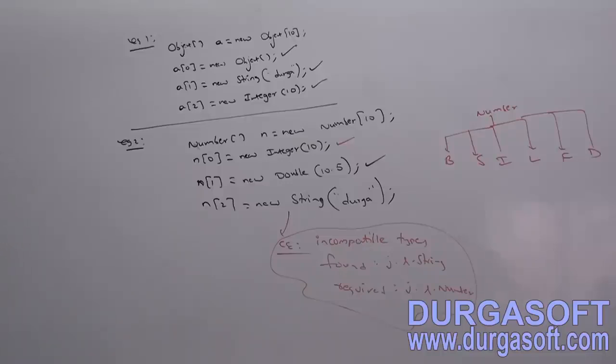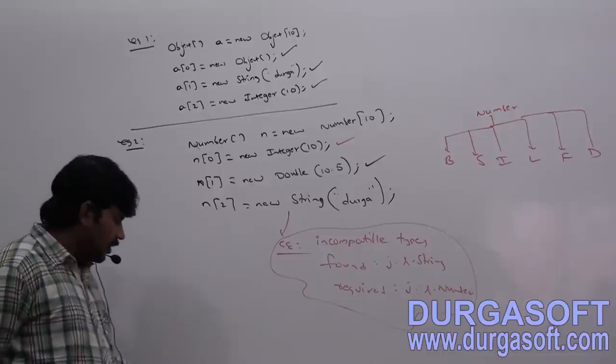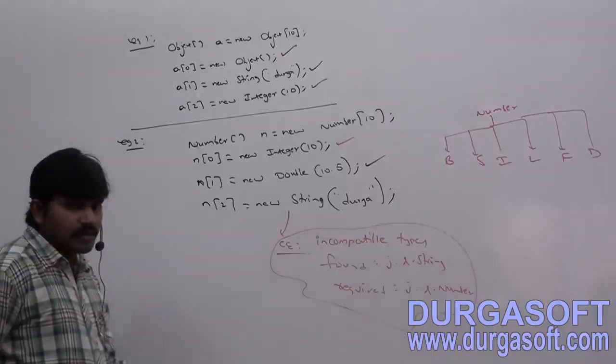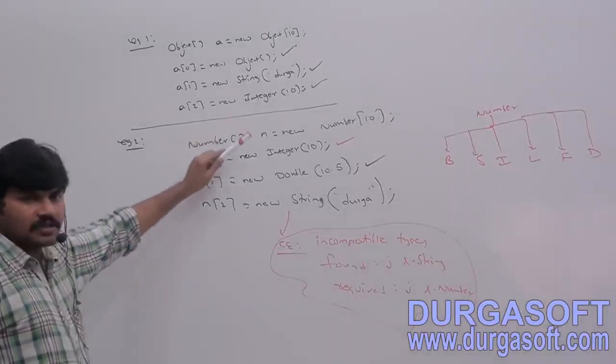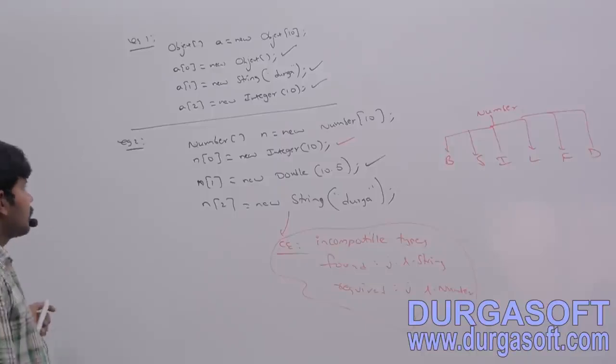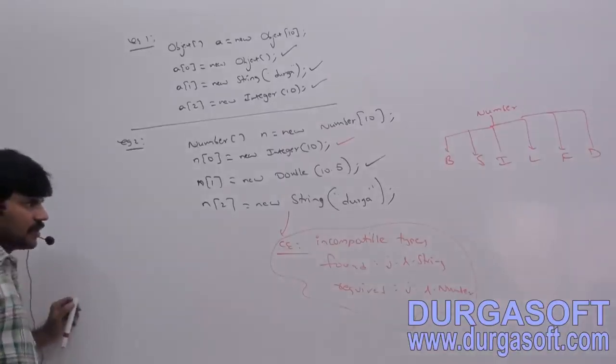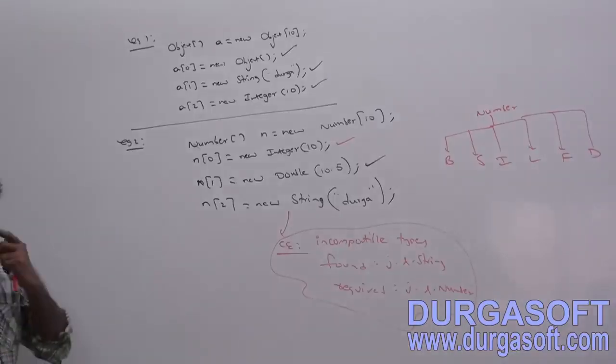Incompatible types: found java.lang.String, required java.lang.Number. Is any explanation required now? Okay, that's all. This is case 2, object type arrays.